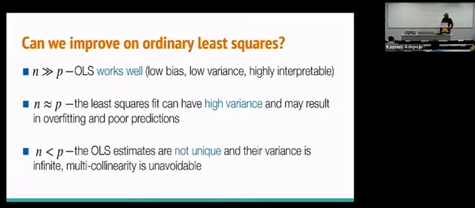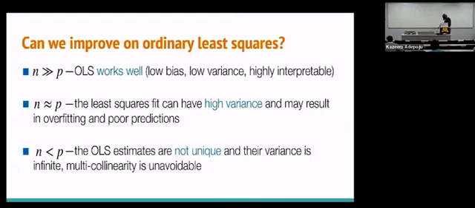So that is the situation where the number of observations is much greater than the number of predictors. We expect ordinary least squares to perform wonderfully well. In that situation, there will be low bias, there will be low variance, and the model will be highly interpretable.